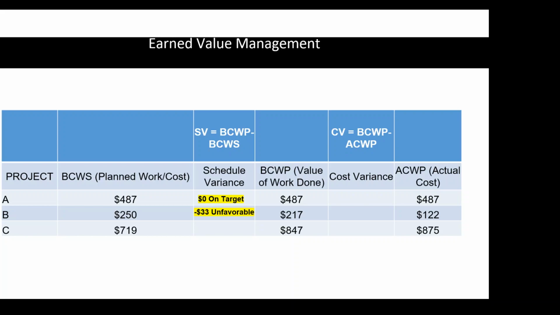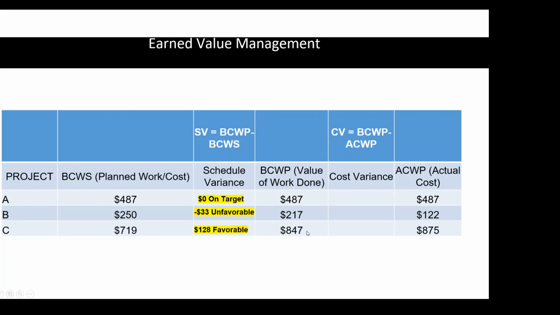It's unfavorable. Next is, I plan to spend $719, but when the work was done, the value of the work done was $847. Is that good or bad? That is actually good. Right?